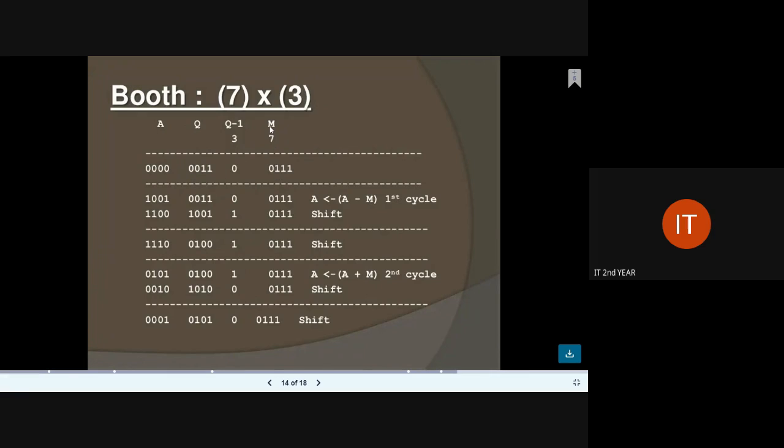Both M and Q are 4-bit digits, so we make the accumulator 0000. We assign to the accumulator the same number of bits as there are in Q and M.